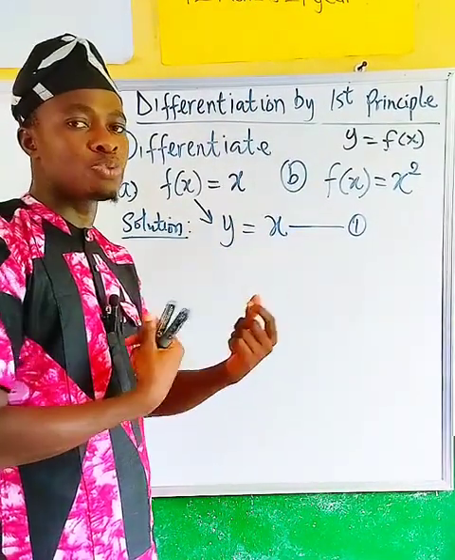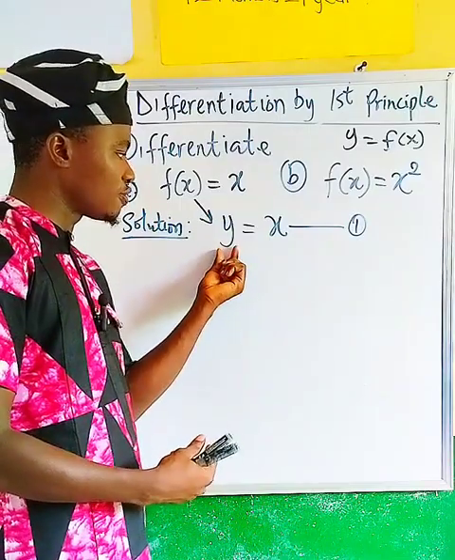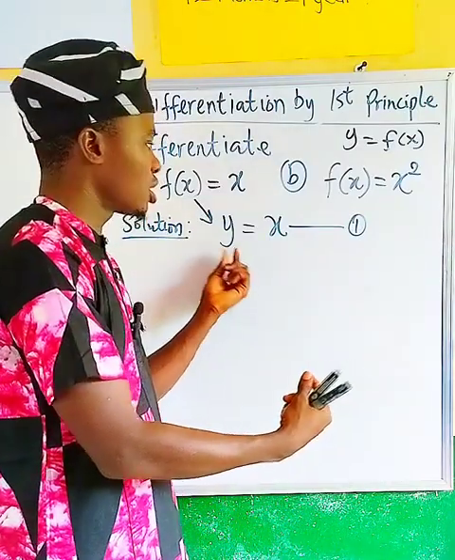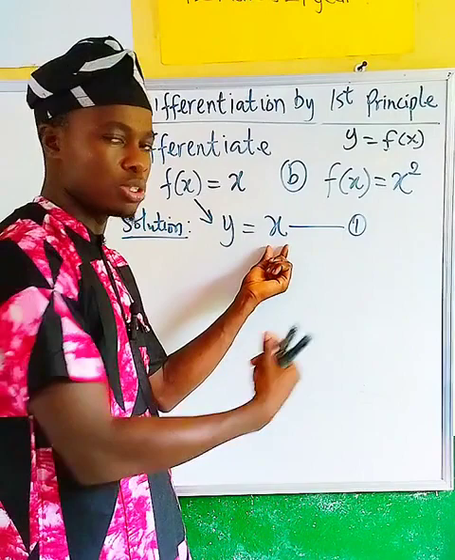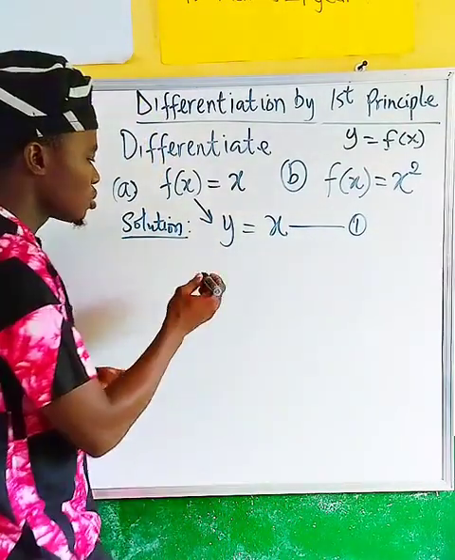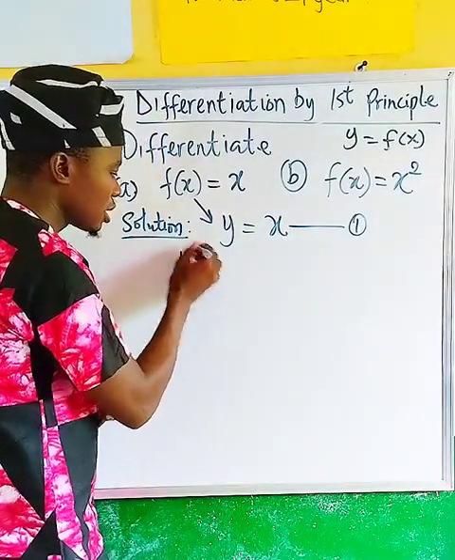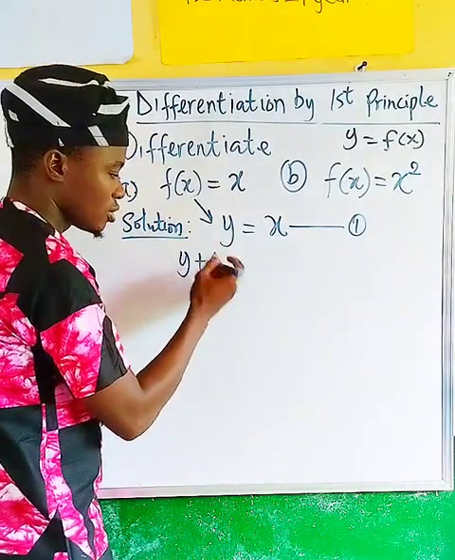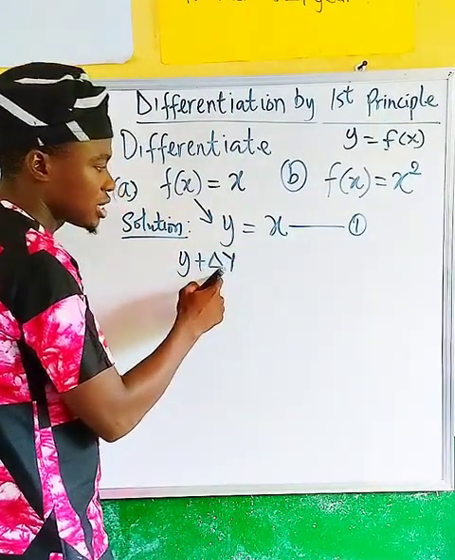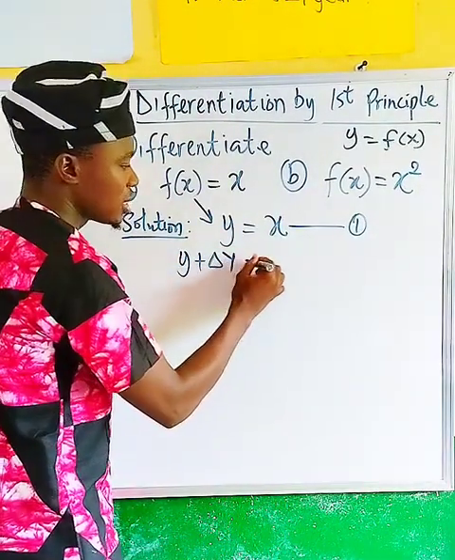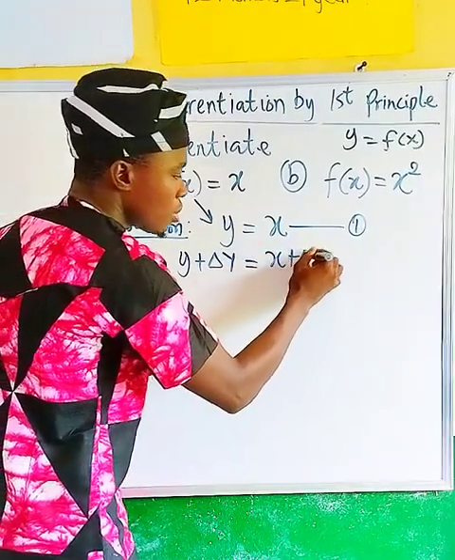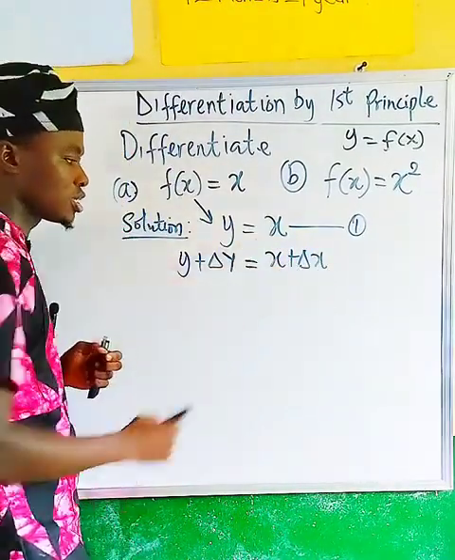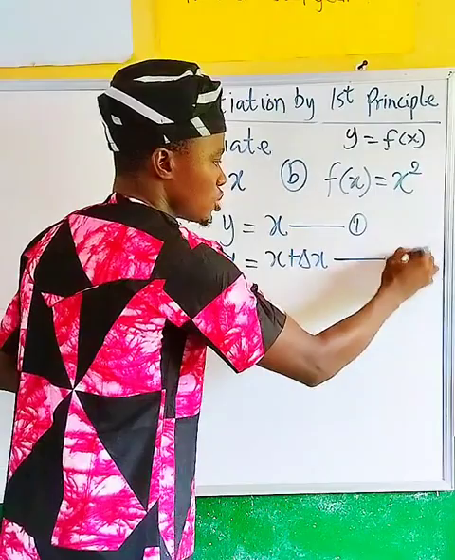It's like direct proportion. If this variable shifts, this one will also be shifted. So we are going to have y plus the small shift in y equals x plus the small shift, that is delta x, in x. We have this as equation 2.